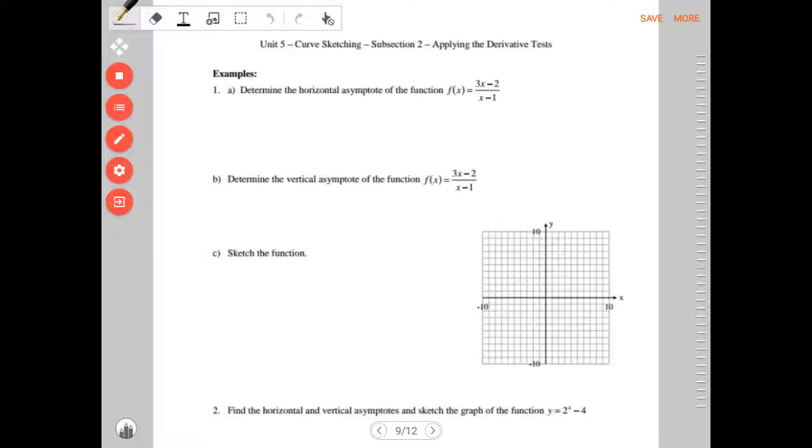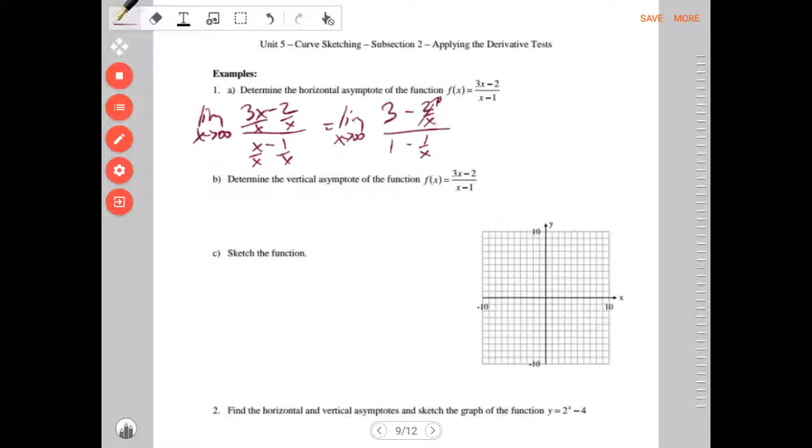So anyways, that's why 0 is a horizontal asymptote for this function. All right, examples. Determine the horizontal asymptote for this function. Remember, we're going to write the limit as x approaches infinity of (3x minus 2) over (x minus 1). I'm going to leave a little bit of space, because we're going to divide by the biggest power of x, which is just x to the 1. So this works out to the limit as x approaches infinity of (3 minus 2 over x) over (1 minus 1 over x).